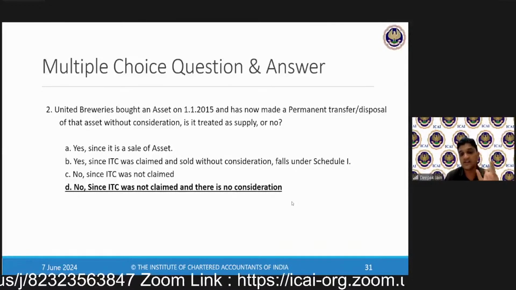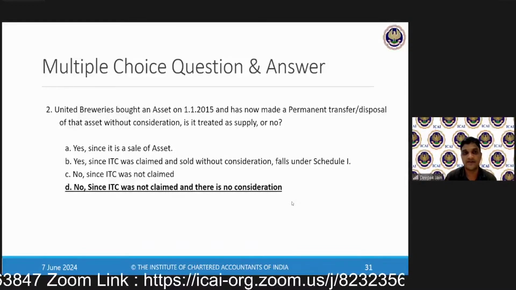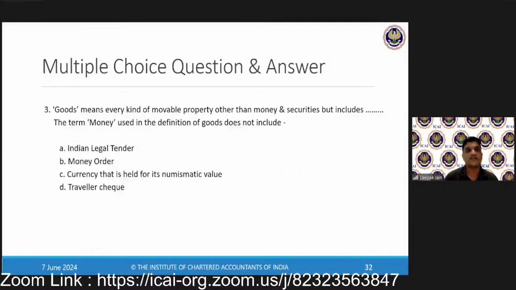Very good. That's why this type of tricky questions can erupt anywhere. Let's go to the next question.